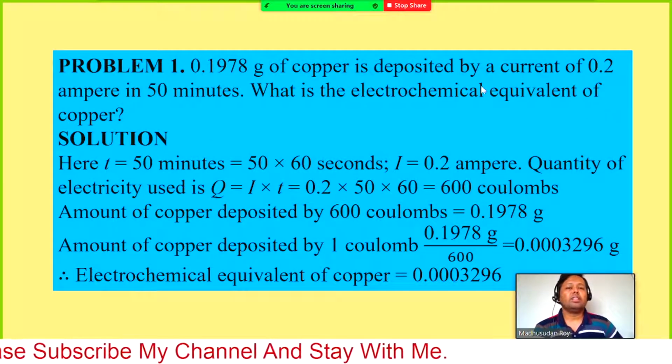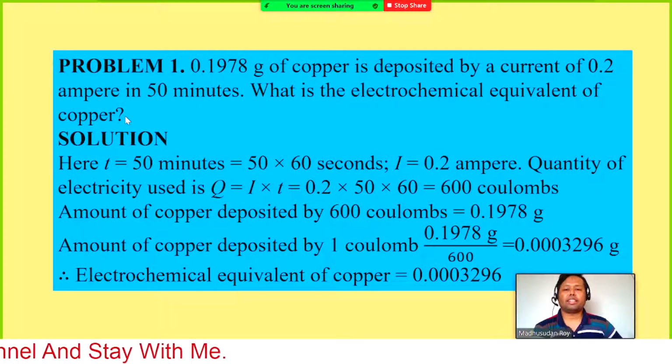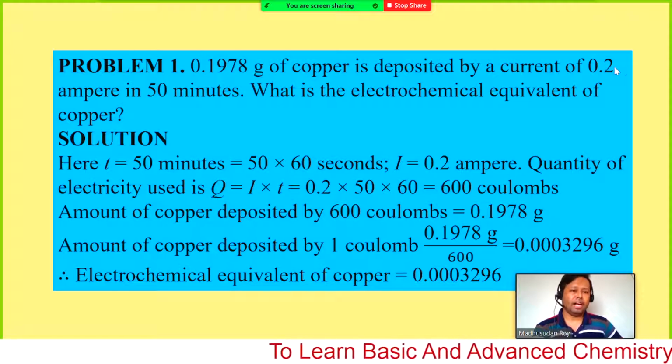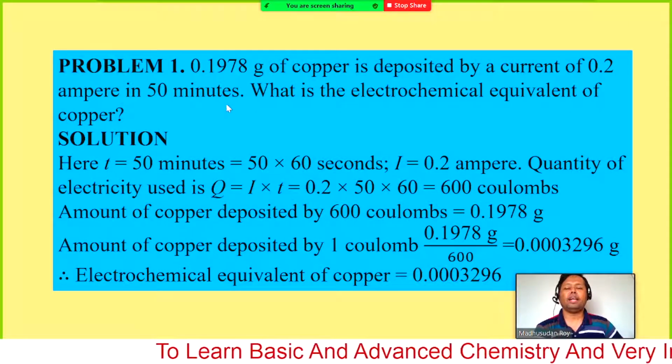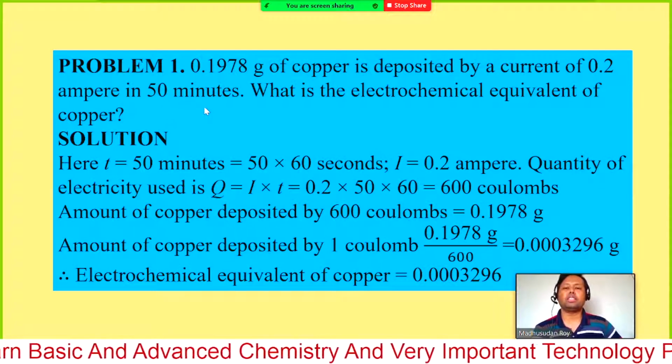That means you are asked to find Z, the electrochemical equivalent of copper. So you are given the amount of substance M in gram, current 0.2 ampere, and time T of 50 minutes, that means 50 into 60 seconds.